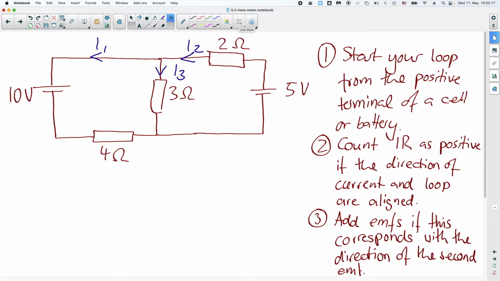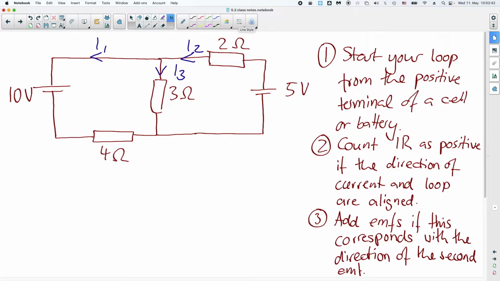You just get a negative value if the actual direction of the current is in the opposite direction. Now, if you look at different videos on Kirchhoff's circuit laws, there are different rules that you find. What I find the simplest is what I'm going to show you here, and that is totally sufficient for what you need to know.